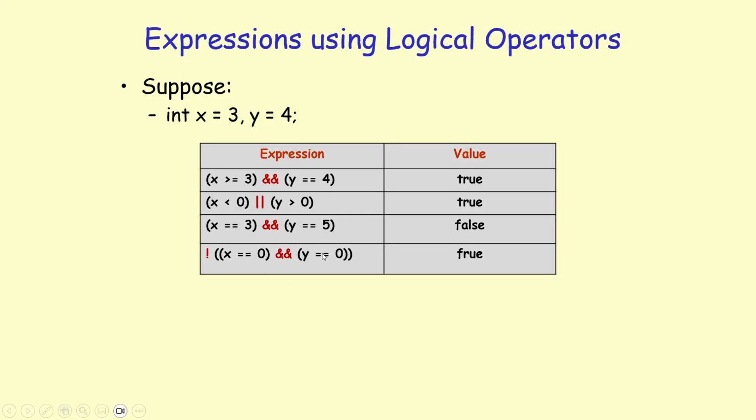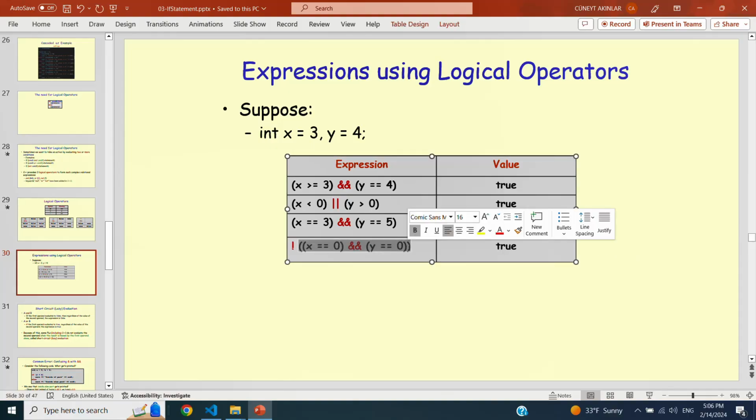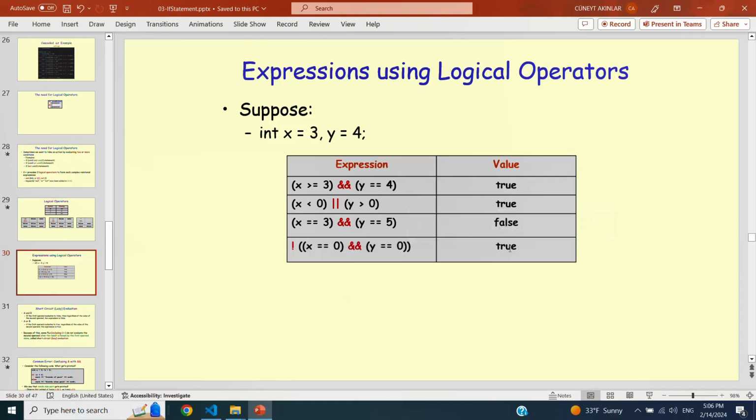So this is false, and when you AND them, you get a false result. And when you negate the false result, false negated is true. So this should be true. The expression inside the parentheses evaluates to false, but when we negate it, the result becomes true.